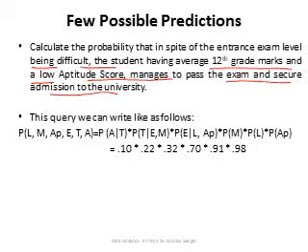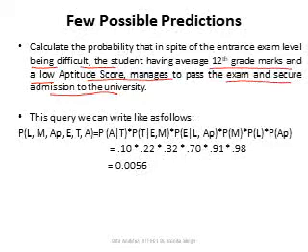So when we multiply all these values, it comes out to be 0.0056. So this is the probability of the situation when the exam level was difficult, the student's marks are average and the aptitude score is also low, but he managed to pass the entrance exam and also get admission into the university.